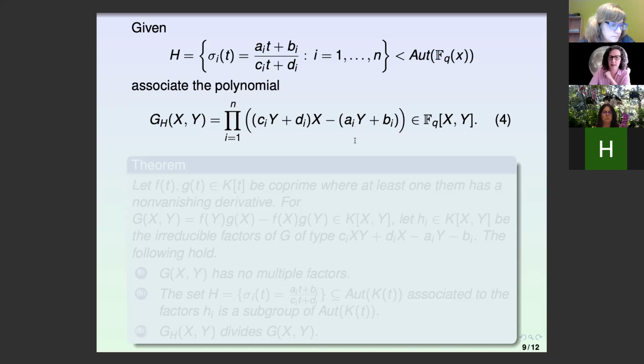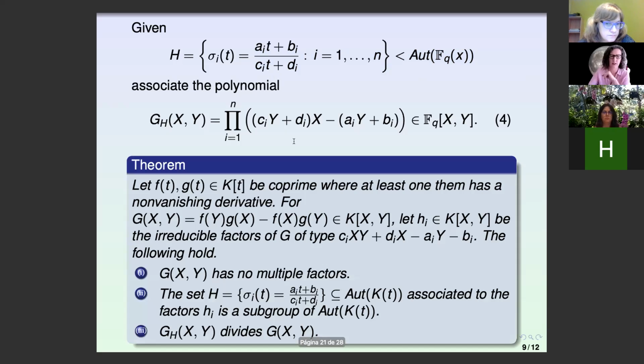And now we are going to see a connection. We have a theorem that says the following. Take any 2 polynomials f and g, and consider this algebraic curve, f(y)g(x) minus f(x)g(y).